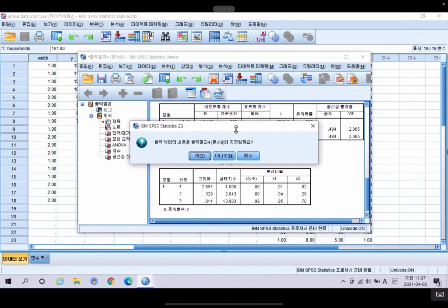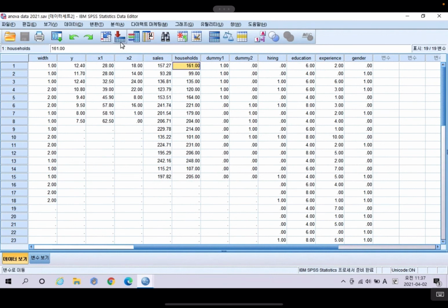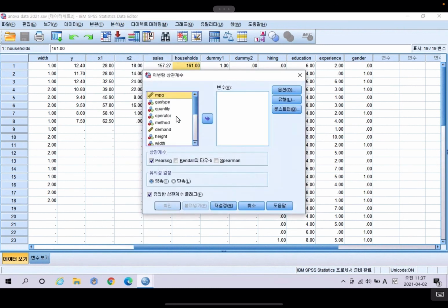Now, once you see VIF values greater than 10, you need to do the correlation analysis among the independent variables. So you go to Analysis and you check this one. Let's try to get the correlation coefficient among these two.